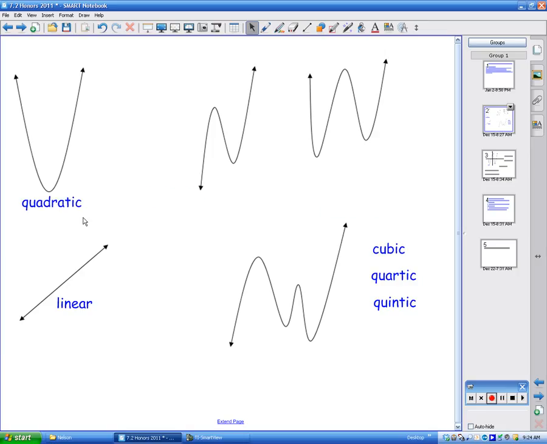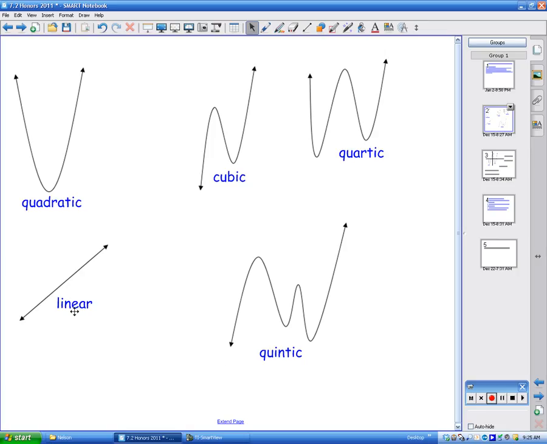And then as we get into higher degrees, so the cubic is a third degree. That one looks like an N. The quartic is a fourth degree, so that has one more change of direction than the cubic. See, this one changes direction 3 times. This one changes directions twice.